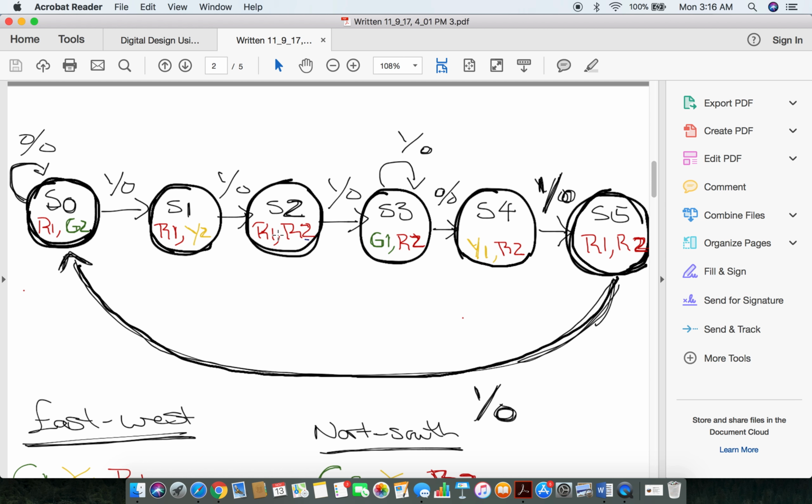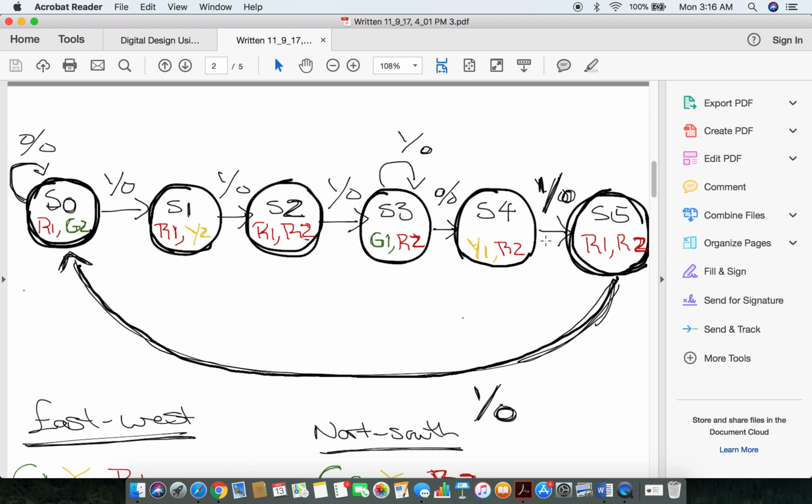So for instance, at state two, it's red and red. If it's a one, it will go to state three. When we get to state three, if it's a one, it should just stay. It's green on the north and south and red on the east and west. And if it's a zero, it will go to state four.